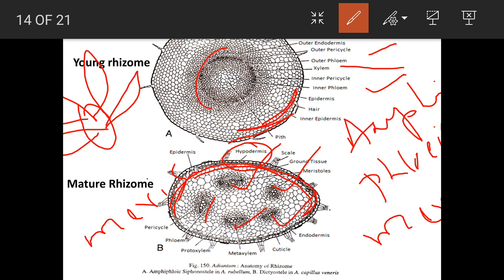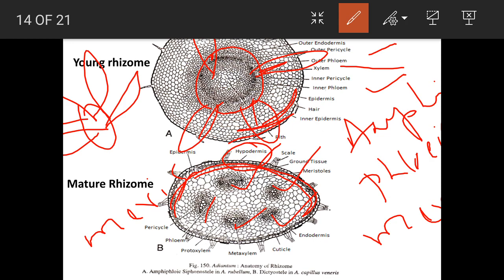In this case you are going to find amphiphloic solenostele, that is the stellar portion, that is xylem, phloem, whatever the regions are there, they are entire. But what happens, as and when the rhizome starts maturing, the leaves start arising like this. So whenever the leaves start arising, the vascular cylinder which is present over here, all are utilized in forming the leaves. So there you are going to find the breaking of the vascular cylinder.